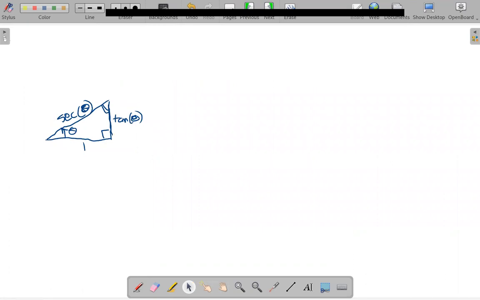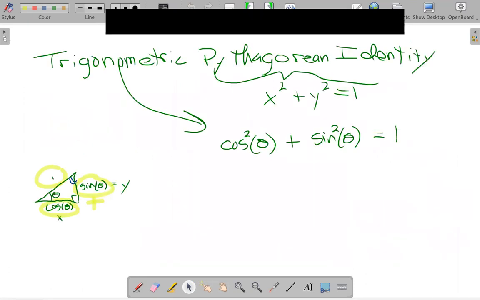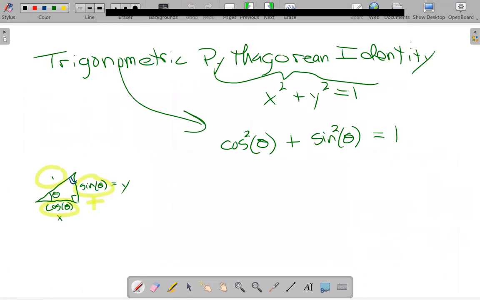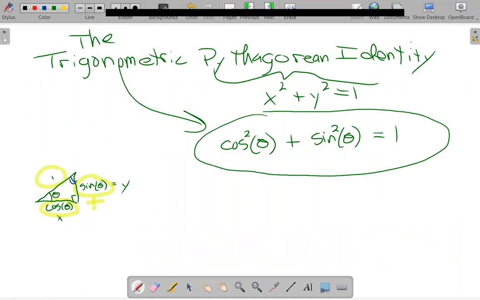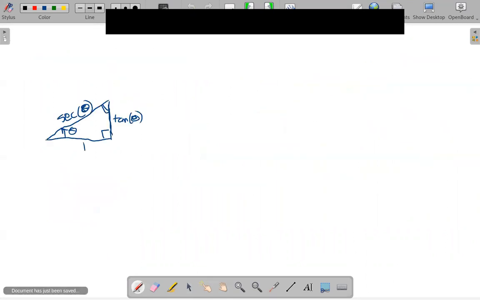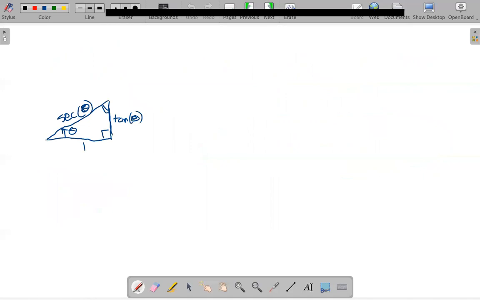So back here, this one right here, I would say we call it the trigonometric Pythagorean identity, right? This is the most important one. But there are other relationships that are sometimes important. And if I look at this one right here and apply the Pythagorean theorem to it, if I take this leg, tangent of theta, that's some measurement, right?